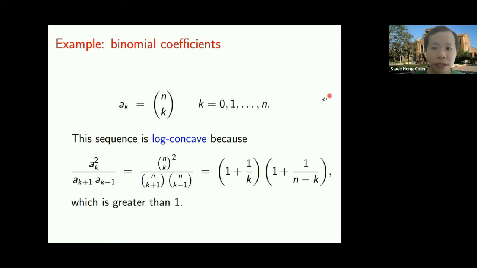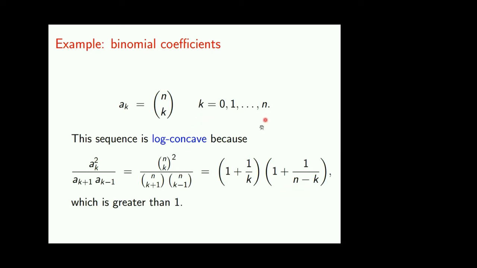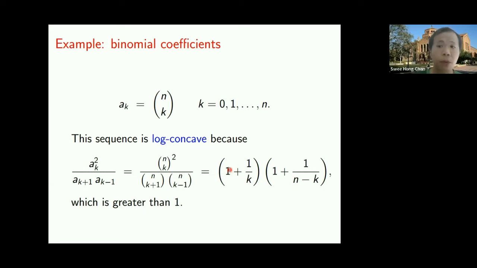We know this sequence is log-concave because we can just do direct computation. If we compute the ratio a_k squared divided by a_{k+1} times a_{k-1}, this is equal, after some calculation, to 1 plus 1 over k times 1 plus 1 over n minus k. And because k is between 0 and n, this number is always greater than 1.